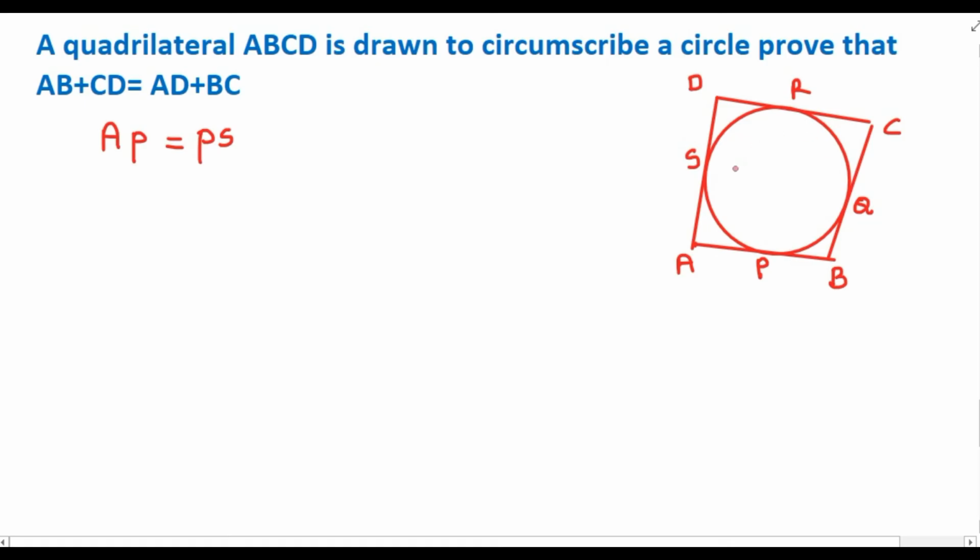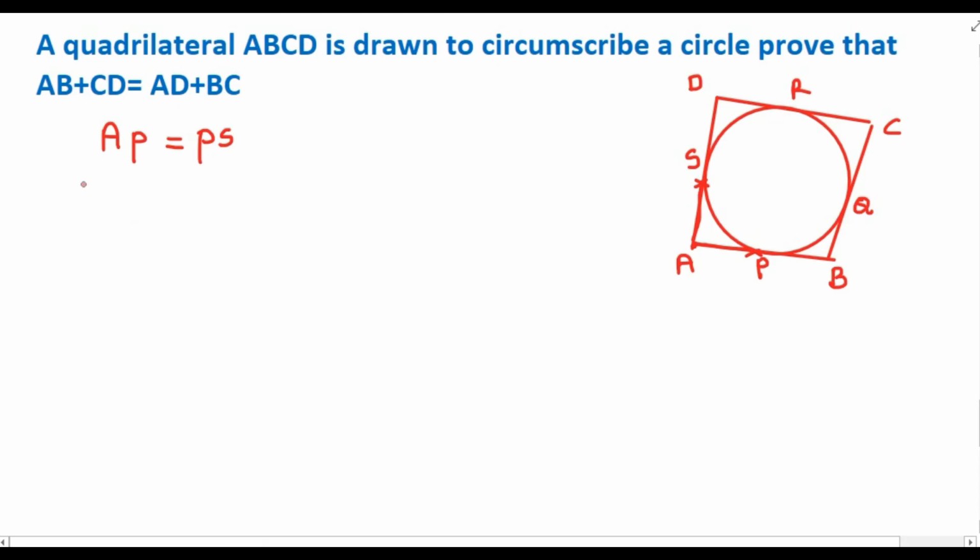If you consider this circle, A is an external point to the circle, and we can consider AP and AS as two tangents to the circle from the external point A. AP is a tangent to the circle because it touches the circle at one and only one point, that is P. Similarly, AS is also a tangent to the circle because it touches the circle at one and only one point S. So AP and AS are the tangents drawn to a circle from the external point A, and we know that the lengths of the tangents drawn from the external point will be equal. So I have written AP equal to AS.